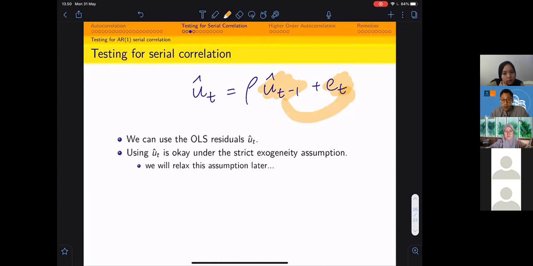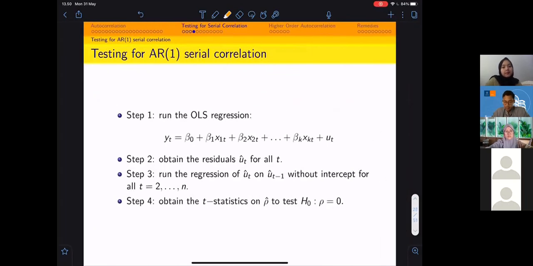What would happen if there is no strict exogeneity? Well, we're going to relax the assumption later on, which is relatively straightforward. But let's focus on the case where we assume strict exogeneity.